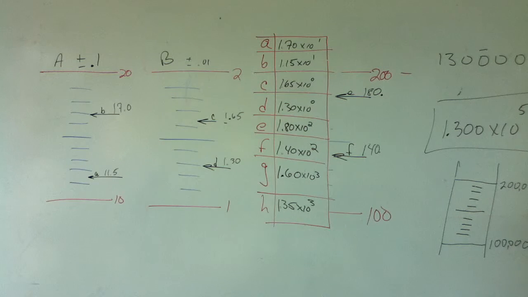It's on the third bar. That's 110,000. Is that what you're trying to say? 110,000. Yes. Okay.